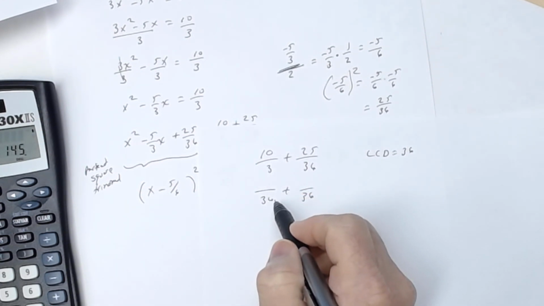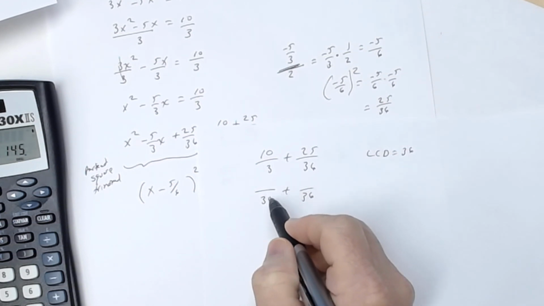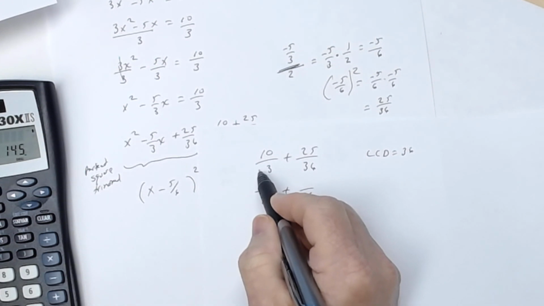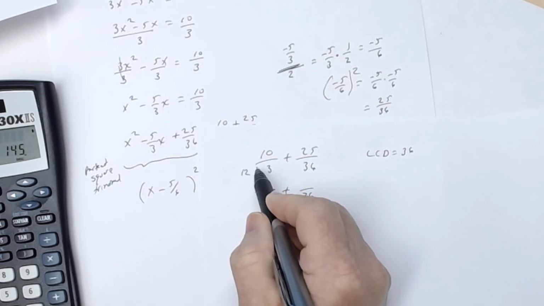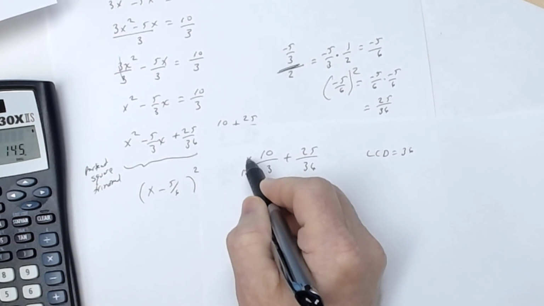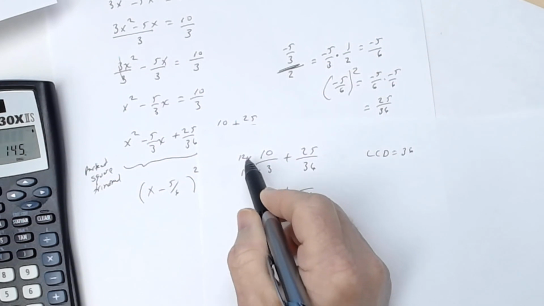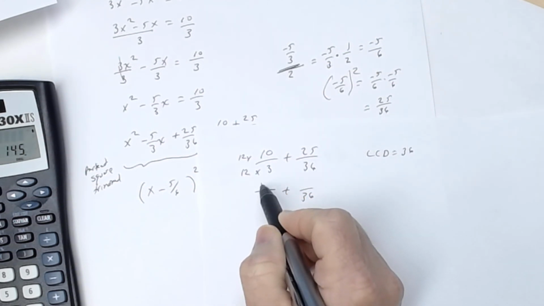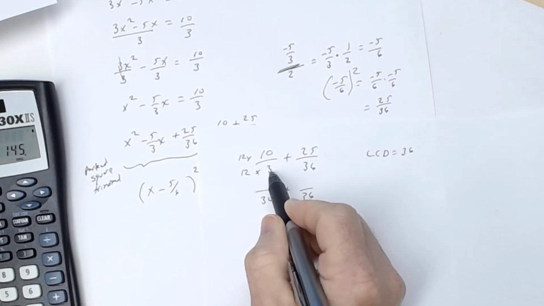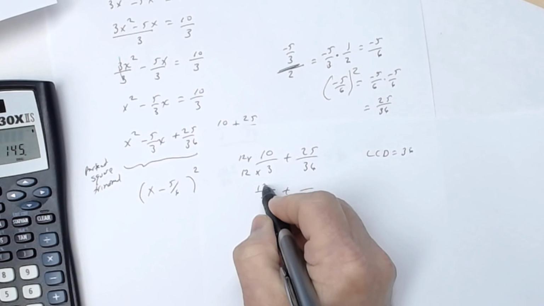10/3 is equivalent to what fraction involving 36 as the denominator? So to get 36, I'm going to have to multiply 3 by 12, right? But what I do to the denominator, I've got to do to the numerator. So that's how you write equivalent fractions. You're going to multiply numerator and denominator by the same number, so that way you get that denominator you want. So notice 3 times 12 is 36. 12 times 10 is 120.